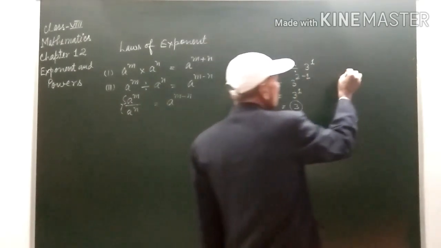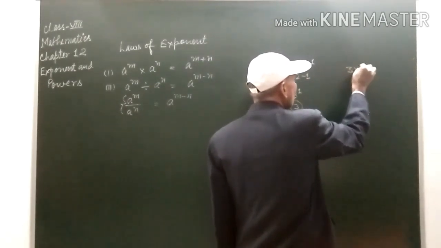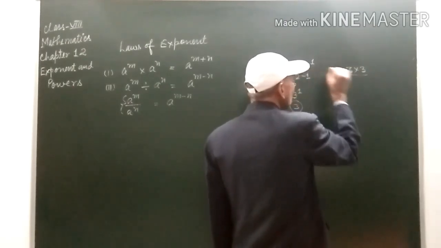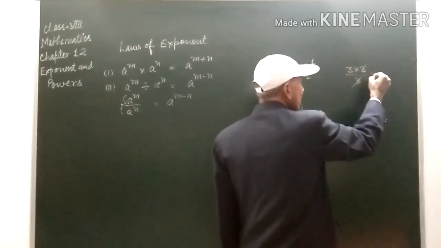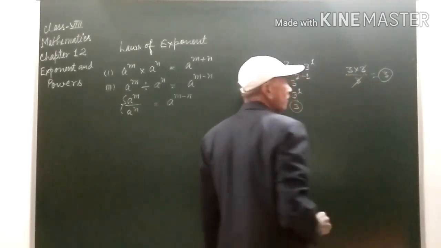Clear students? 3 to the power 2 is 3 into 3, and 3 to the power 1 means 3. So this 3 will be cancelled by this, and there will be 3 only.